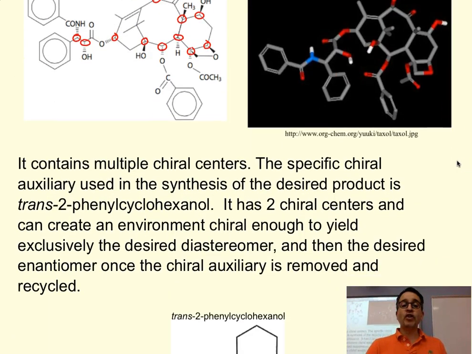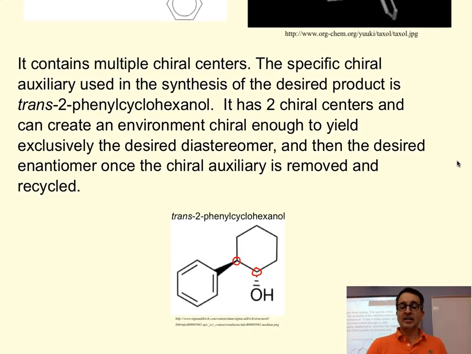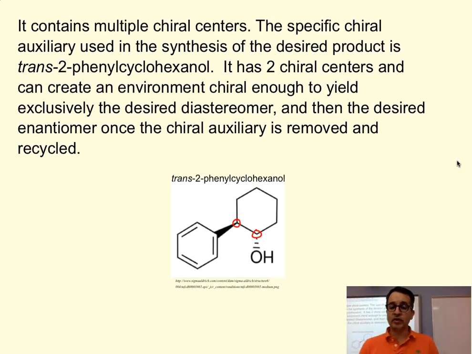And so, in order to actually make the chiral centers that are required to finish Taxol from the precursor, a chiral auxiliary, in this particular case trans-2-phenylcyclohexanol, which we have drawn over here and which has two different chiral centers, is used.